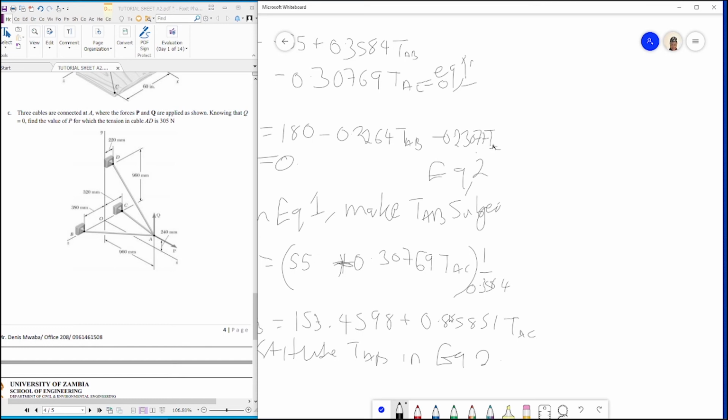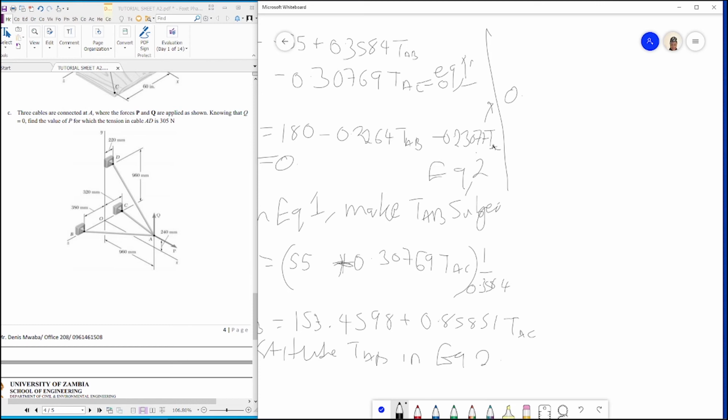So we'll have 0, picking it up from here. 180 will go that side.